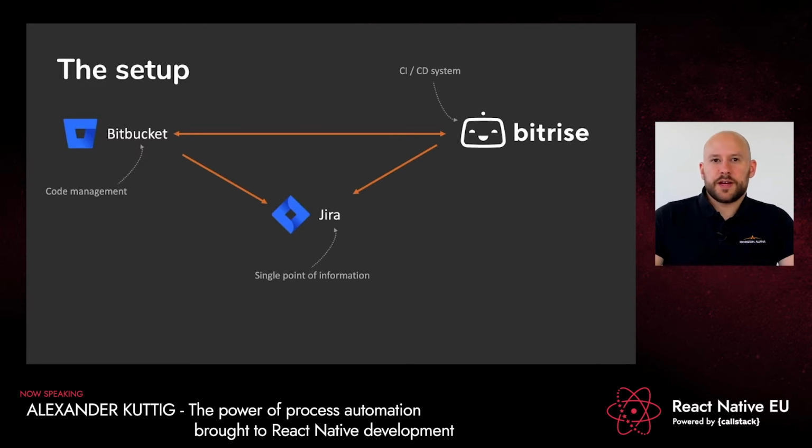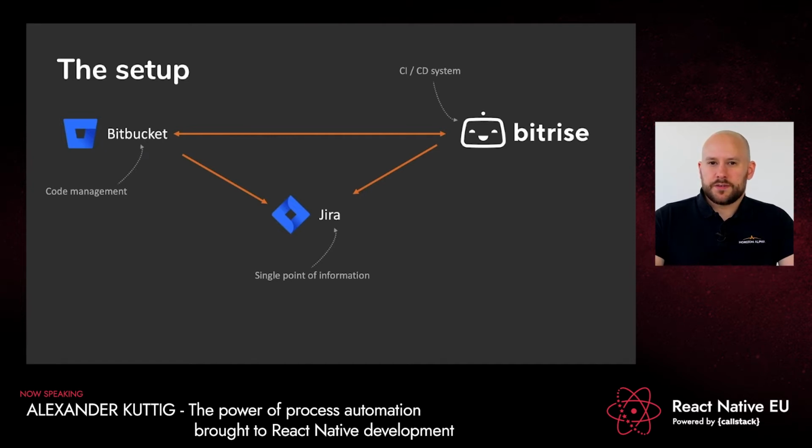We do use Bitrise here because it comes with a lot of cool presets for React Native projects. It has a lot of steps based on Fastlane, which can be combined via drag and drop editor. So it's very easy to use for us, but there are a lot of other awesome tools out there.